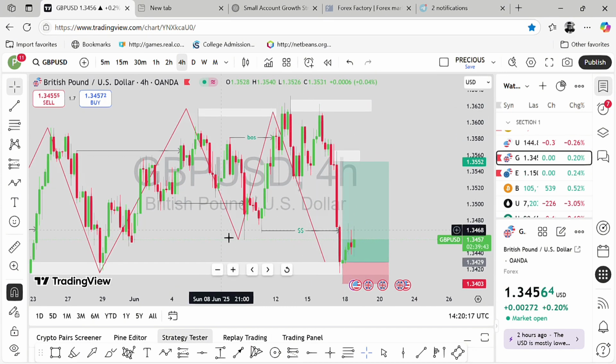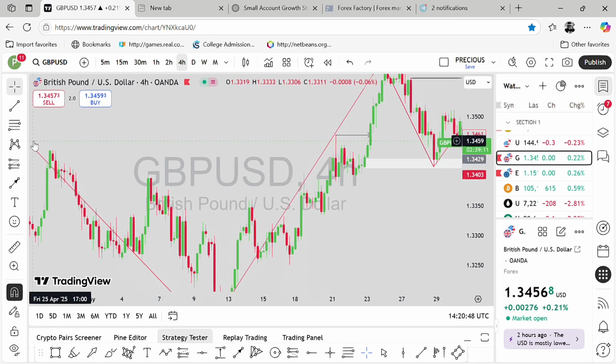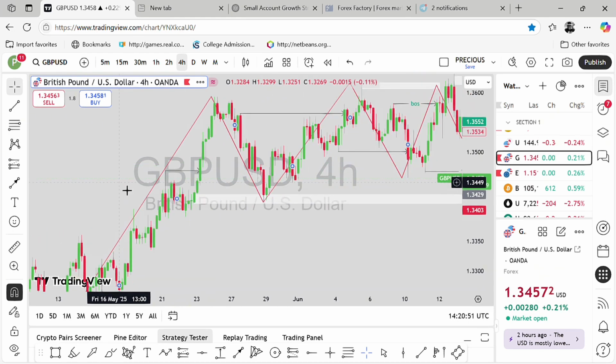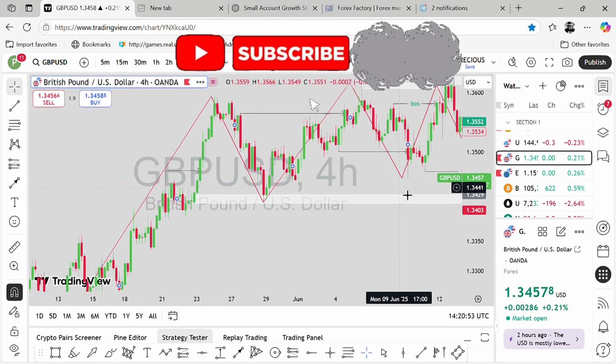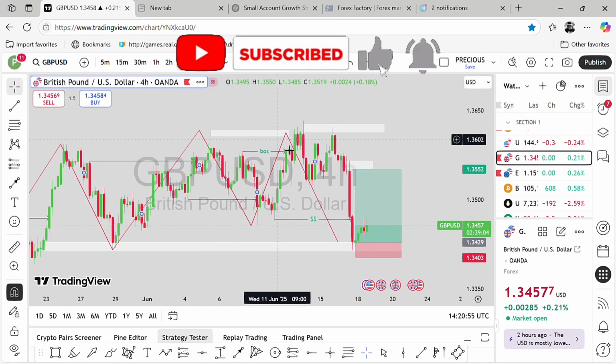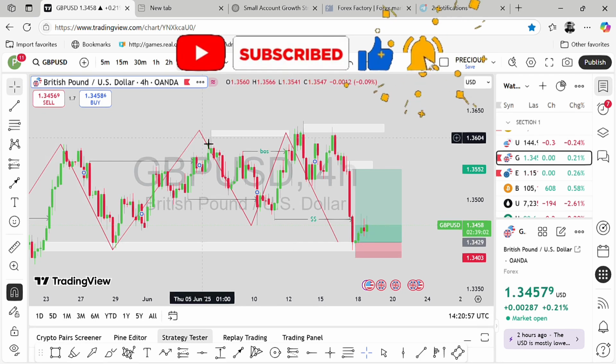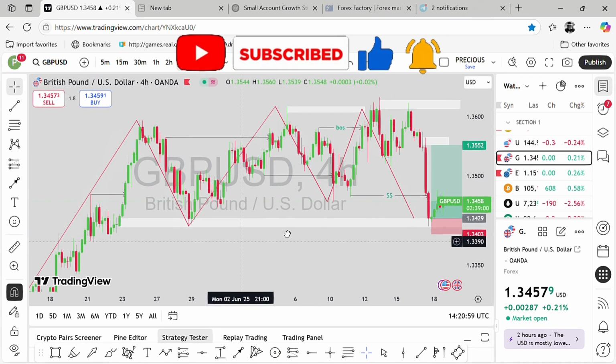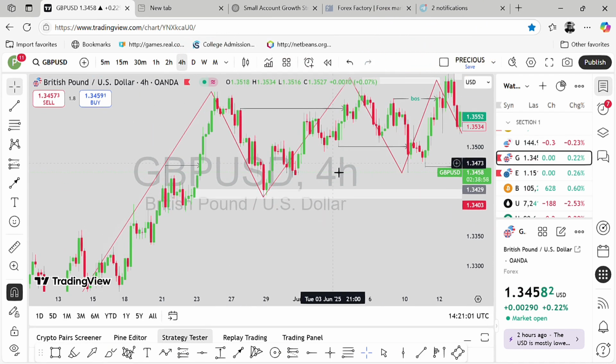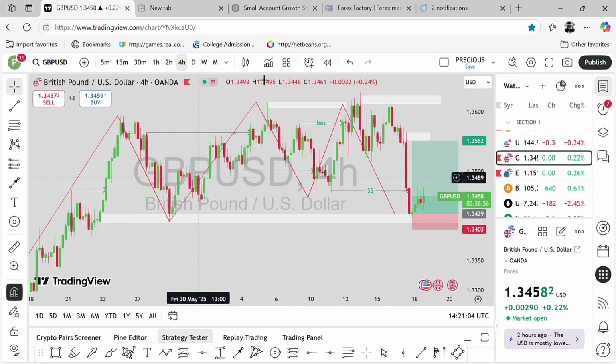And I like to take my entry from 1 hour. So I have a break of structure here, and also I have a break of structure here that I've already marked. I have a break of structure here as well upside, so it shows that I am in a bullish market. And here you can see this is a bullish market.